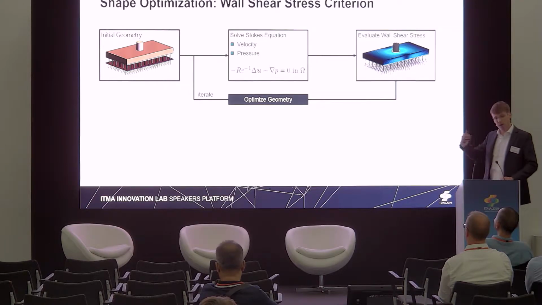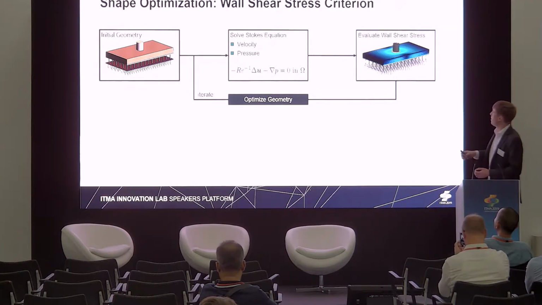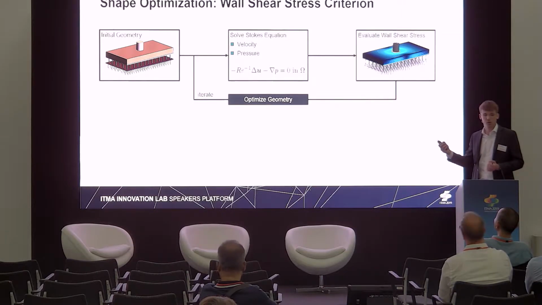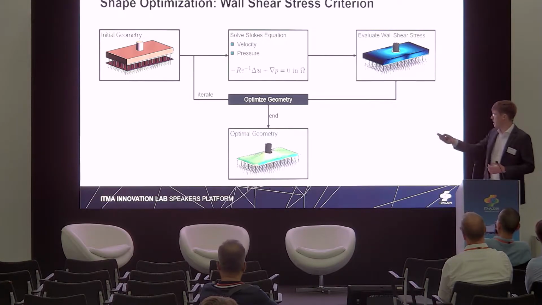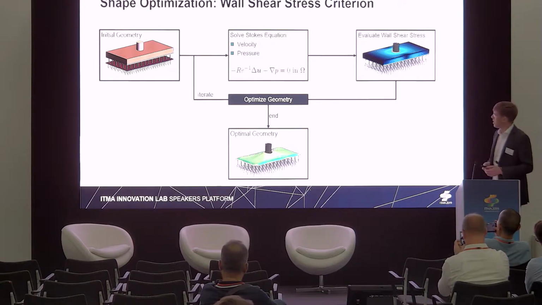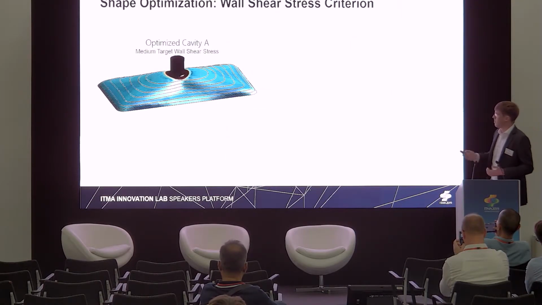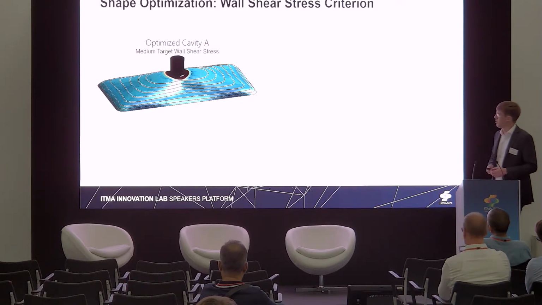And then we know that if we are able to get the wall shear stress up, then also these stagnation zones close to the wall vanish, and we get a better residence time profile. And then you get something like this here, or making it a little bit bigger, shapes like this, which have been optimized with respect to wall shear stress.